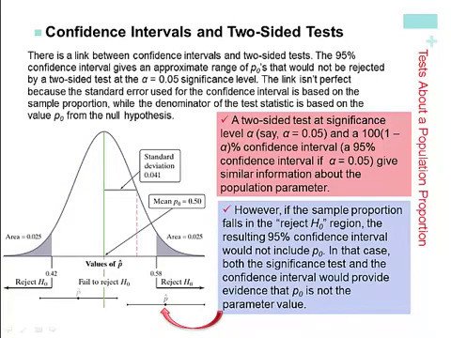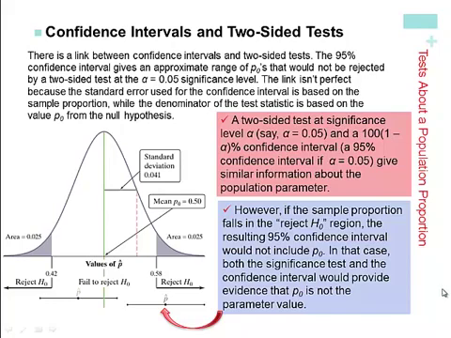However, if the sample proportion falls in the reject the null hypothesis region, as is the case here, the resulting 95% confidence interval would not include our P0 value. In that case, both the significance test and the confidence interval would provide evidence that P0 is not the parameter value.